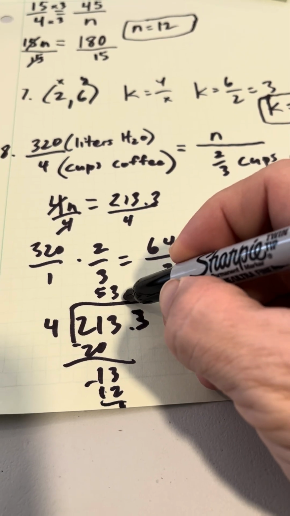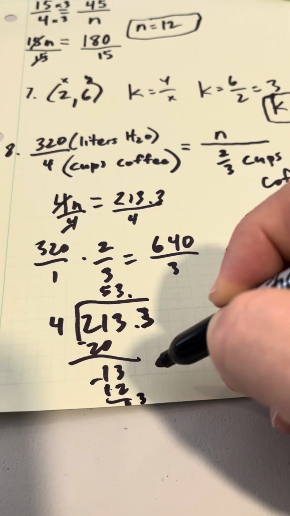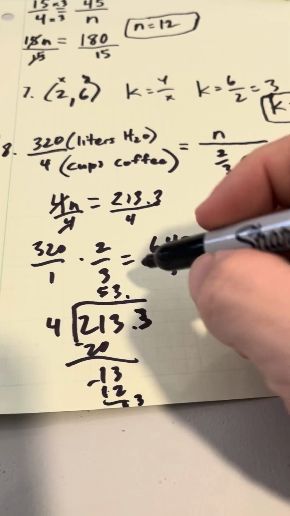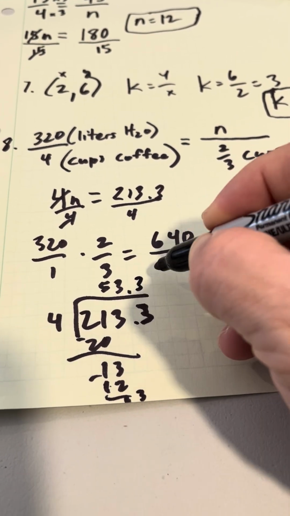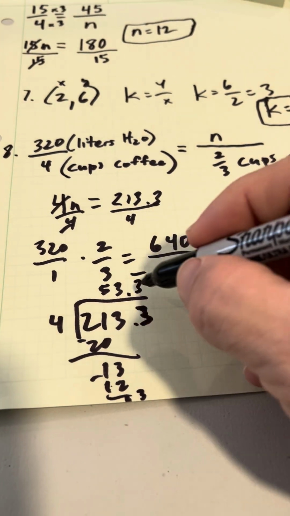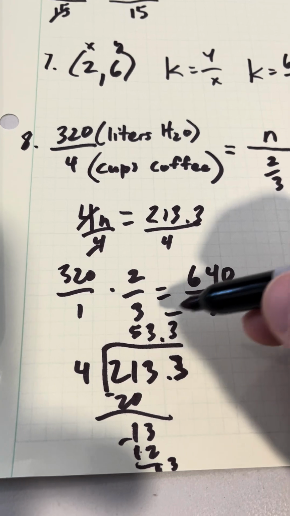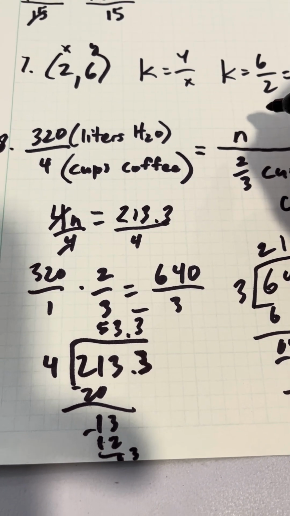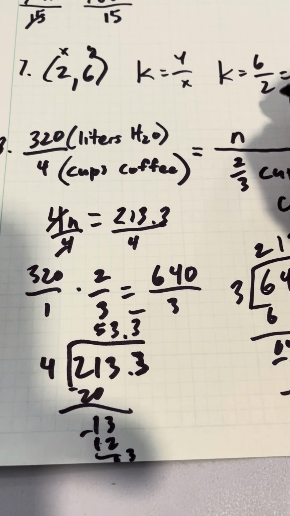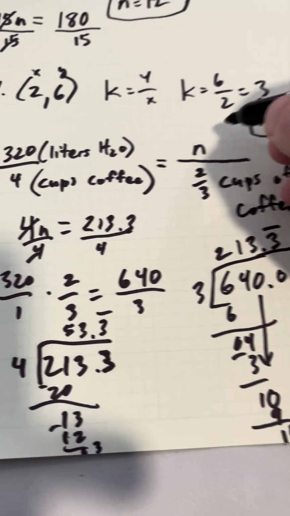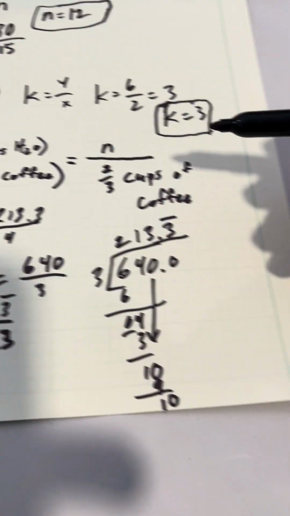Bring our decimal point straight up. 13 here. All right, 4 goes into 13 again 3 times, and it's going to be 53.3. That's going to just continue to repeat. And that's going to be our answer, okay? 53.333333333. There it is.